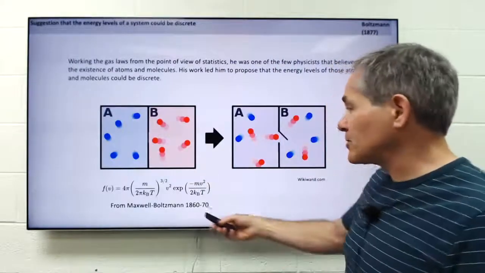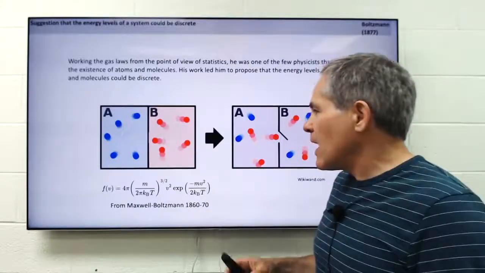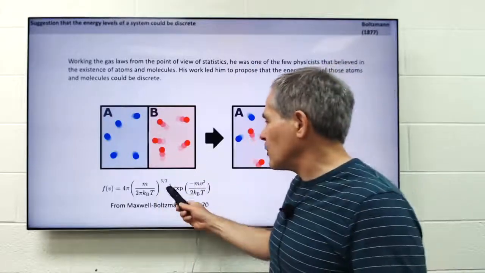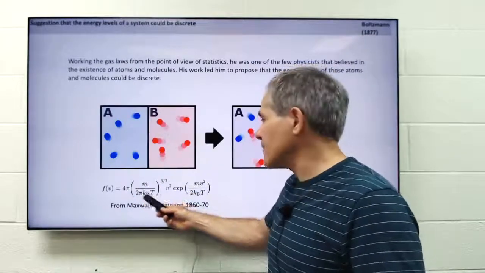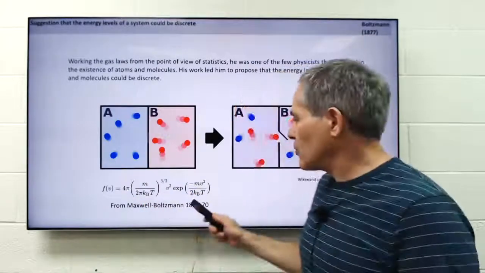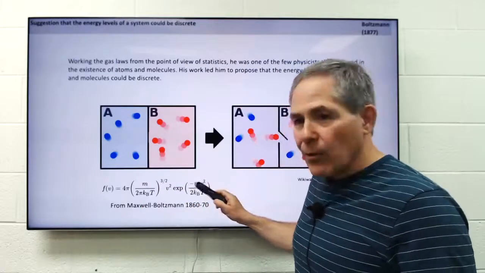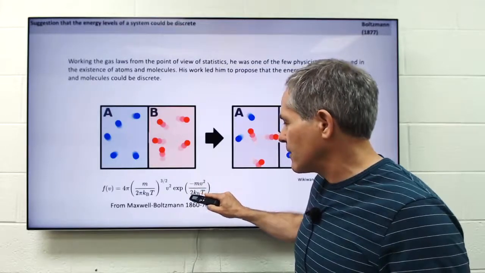The equation actually comes from Maxwell in 1860, which is quite early. And this is a lot of terms, so I want you to ignore all of these constants. I just want you to look at the exponential to the minus, and identify here 1/2 mv squared.